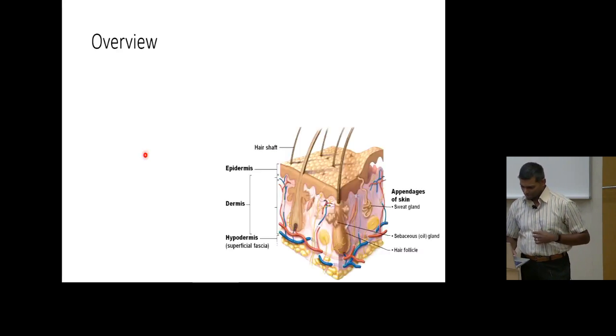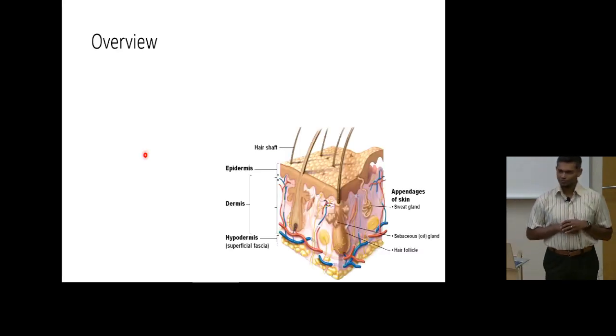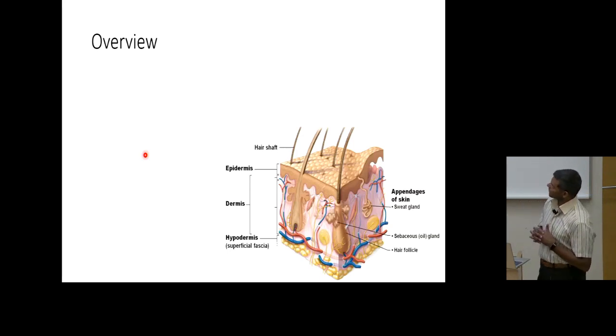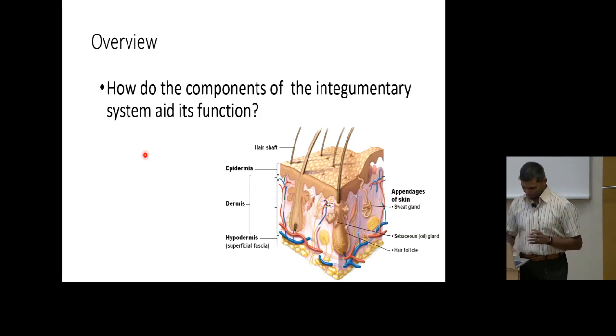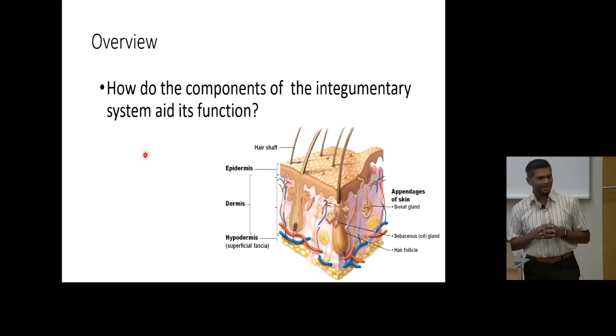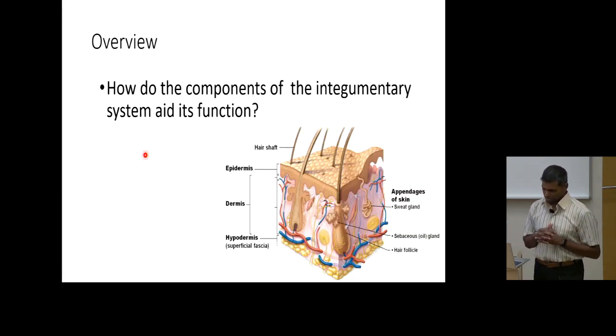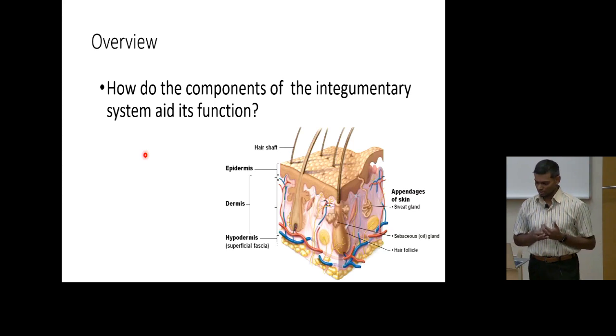Okay, with that, we're going to begin with a quick overview of today's topic, which is the integumentary system. And I want to begin this overview by asking one question, which is how do the components of the integumentary system aid in its function? So there are two parts to this question. One is what is the function of the integumentary system, and the next thing is what are the components of the integumentary system.